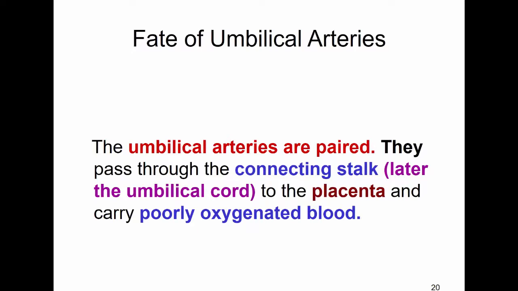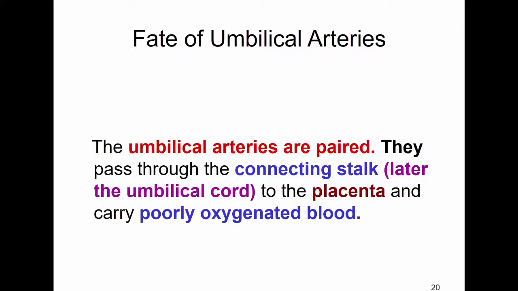So that is that. Now, about the arteries: arteries carry oxygenated blood, but there are exceptions like the umbilical arteries. The right and left umbilical arteries, though they are arteries, carry poorly oxygenated blood, or you can say deoxygenated. Nowadays, we don't say deoxygenated, we say poorly oxygenated blood.